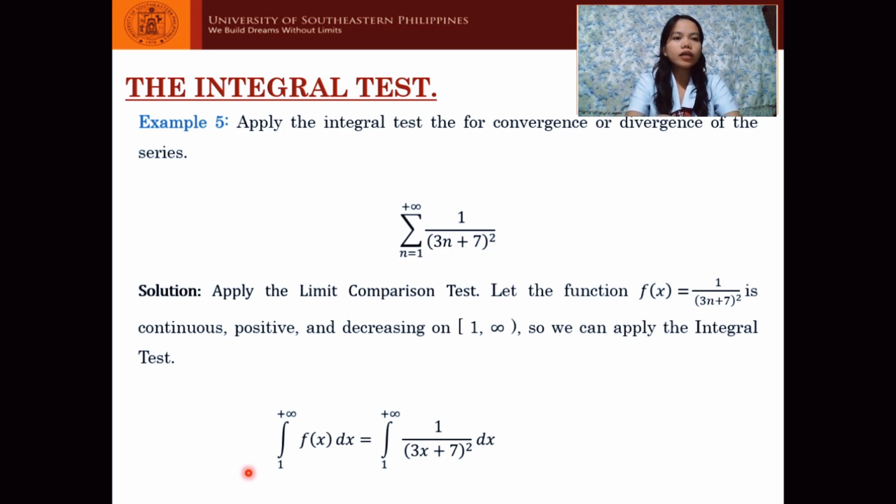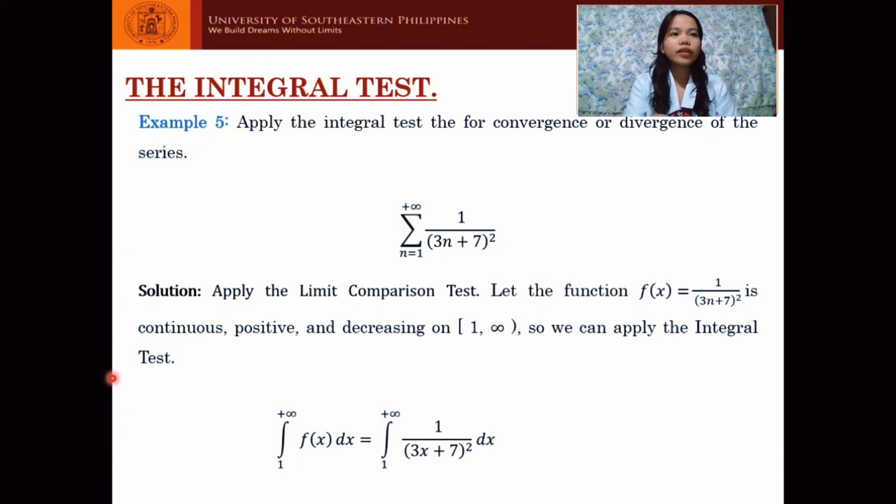What would be our integral? The integral of f of x dx from 1 to positive infinity equals the integral of 1 over the quantity 3x plus 7 squared dx from 1 to positive infinity.